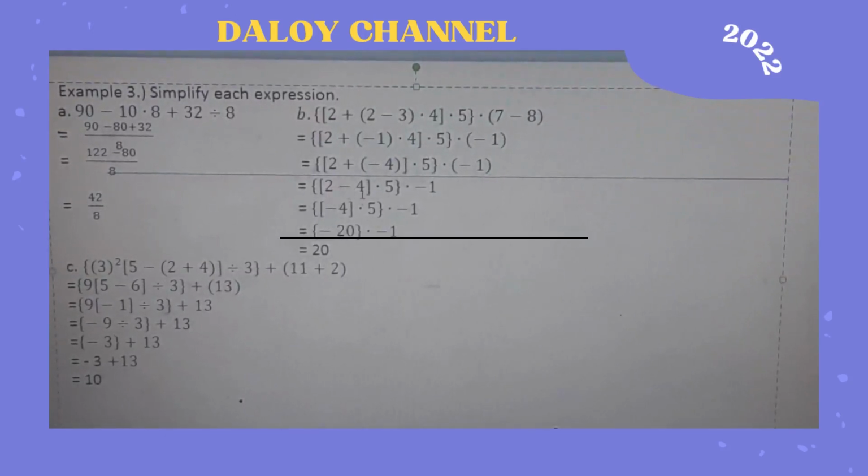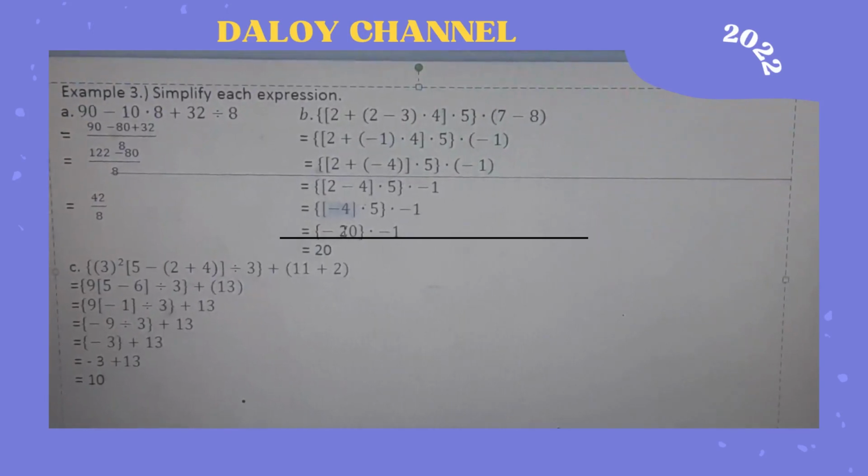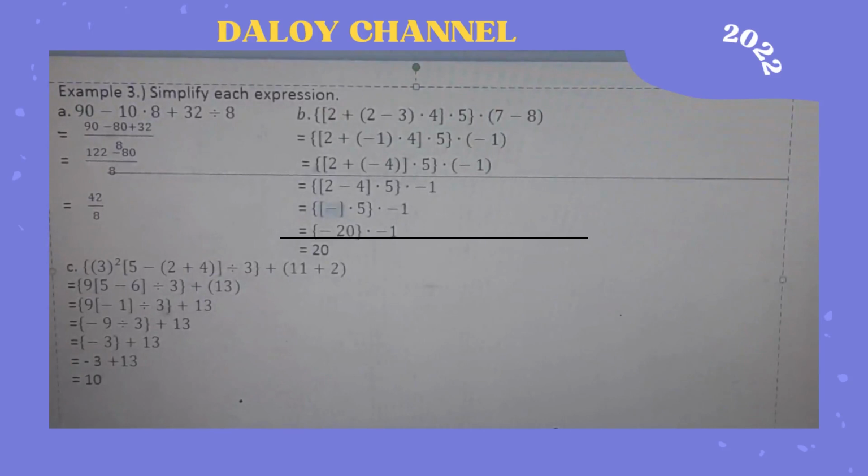Unlike sign, 2 and -4 is unlike sign. So their difference is equivalent to not -4 but -2. We'll put it -2. So again, the symbol of brackets preceded by a multiplier 5, meaning to say you will multiply -2 times 5.